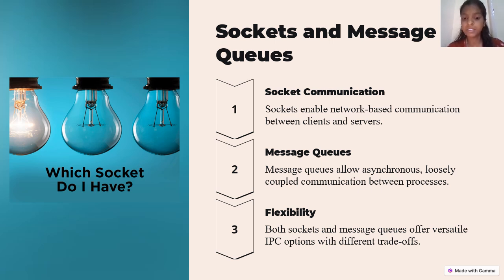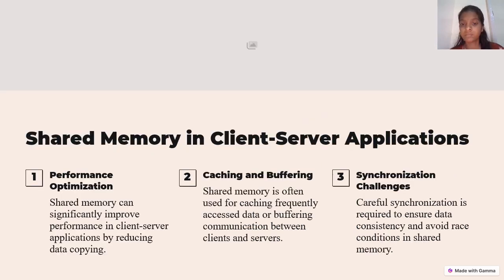Next is flexibility. Both sockets and message queues are IPC options with different traits. This is the diagram given for sockets and message queues. These are the three things we learned: socket communication, message queues, and flexibility.